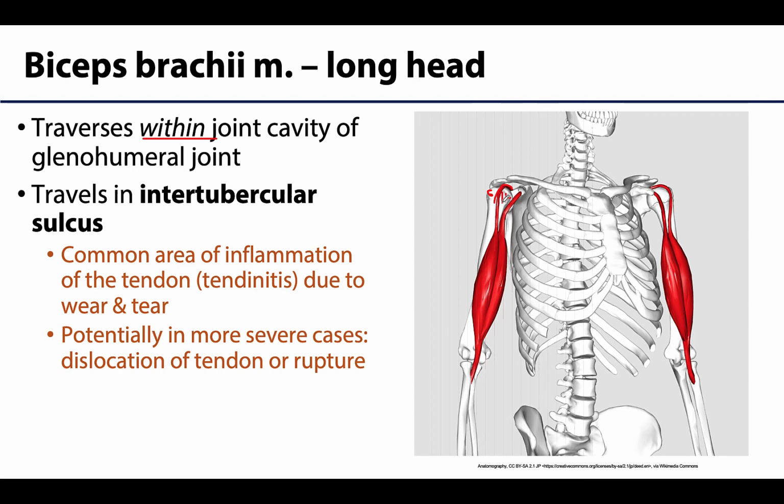But with repetitive movements and wear and tear, this can cause inflammation of the tendon, or biceps tendinitis, usually the result of repetitive microtrauma. In more severe cases, the tendon can actually dislocate or be moved out of place, or it can even rupture, and that has implications in terms of what the muscle will present as. And you'll actually have more on this in an upcoming lecture.